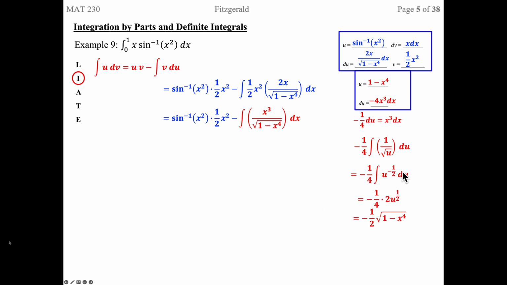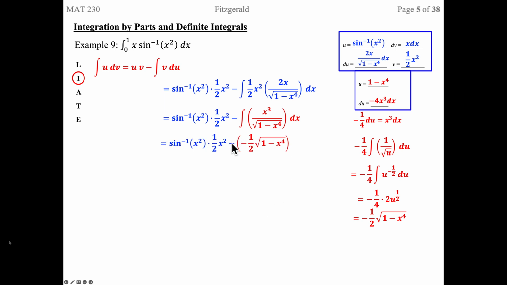Dividing by a half is the same as multiplying by its reciprocal 2. We multiply it to the negative 1/4, makes it a negative 1/2. Put your 1 minus x to the fourth back inside the square root. And now we'll replace all this red integral here with a negative 1/2 times the square root of 1 minus x to the fourth.